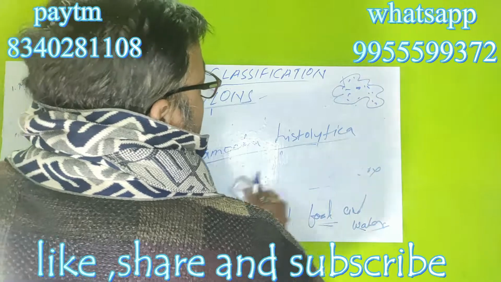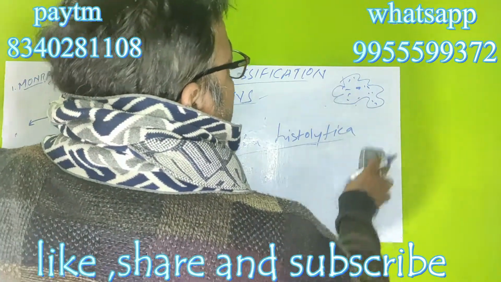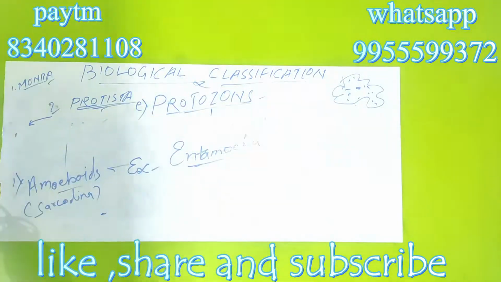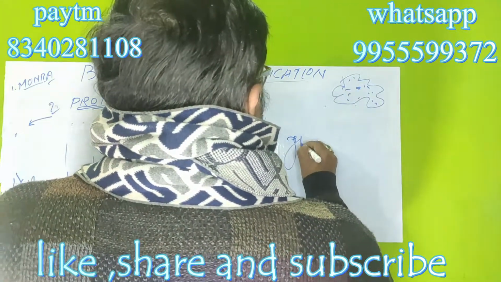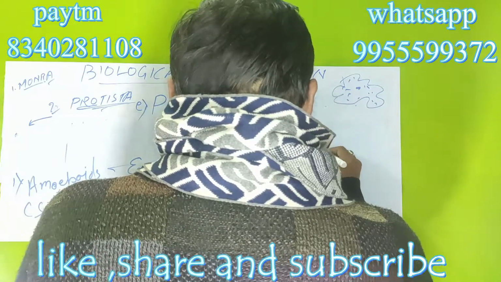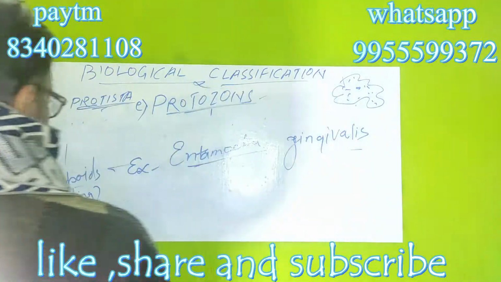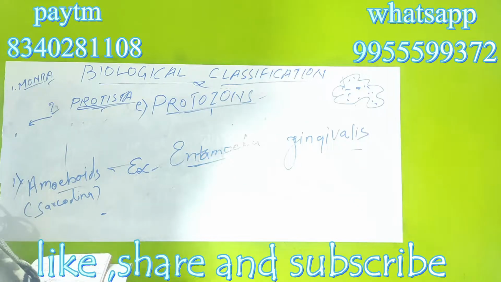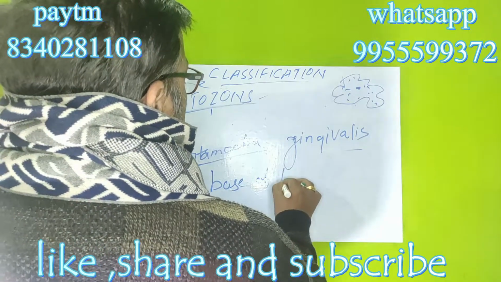The second is Entamoeba gingivalis, which is generally found in the mouth, at the base of the teeth, where we get a pungent smell.